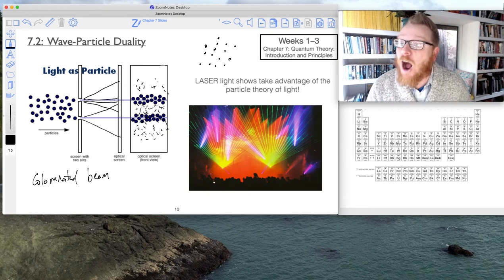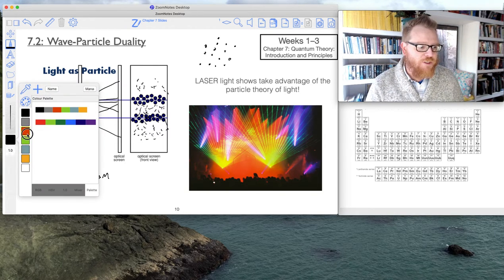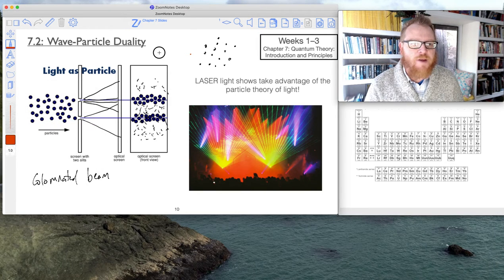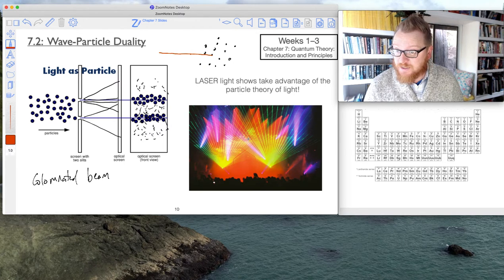And as a collimated beam comes through, so I'm going to represent that by just drawing a narrow line. Maybe we've got a red laser. So this collimated beam will come through, and as soon as it strikes one of those smoke particles, it's going to scatter in all directions, okay?